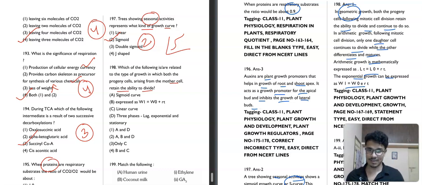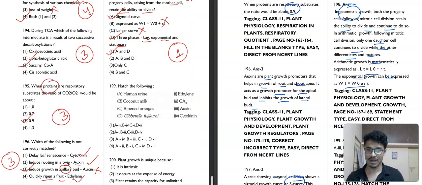So it is saying geometric growth, related. It is basically a sigmoid curve, then expressed as this is exponential, right? Then linear curve, no, it is for arithmetic. Then three phases, lag, exponential and stationary. So it is correct. First option is the correct answer.